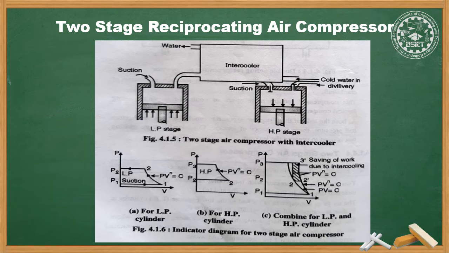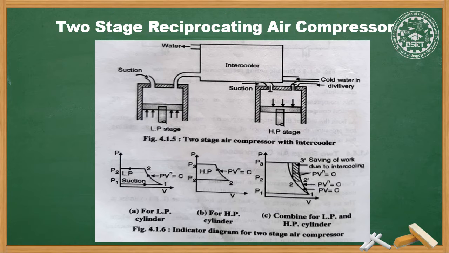The air from the intercooler is sucked into the high pressure compressor, compressed, and delivered to the receiver at constant pressure along the line E3 to P3. Figure 4.1.6 C shows the combined indicator diagram for low pressure and high pressure cylinders of a single acting two stage air compressor with perfect intercooling.